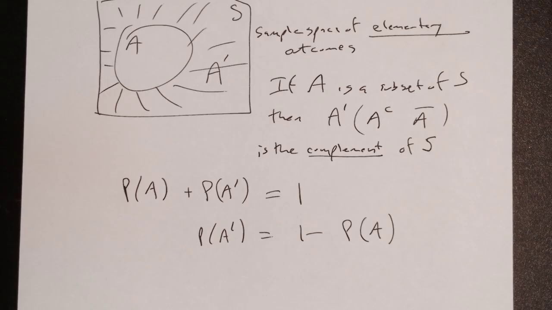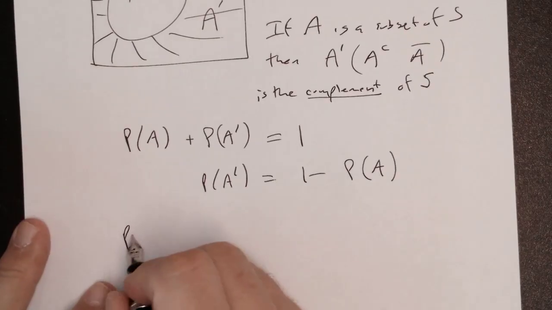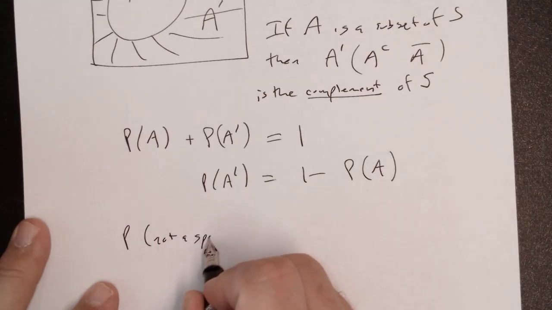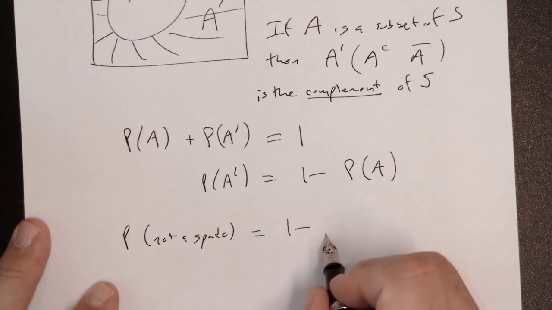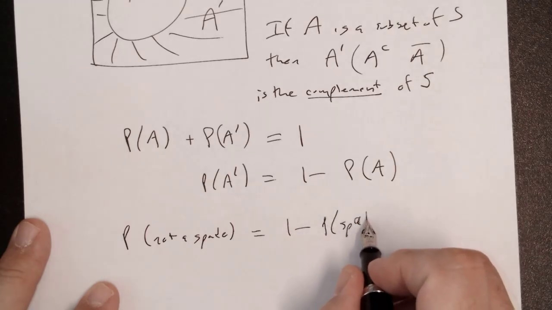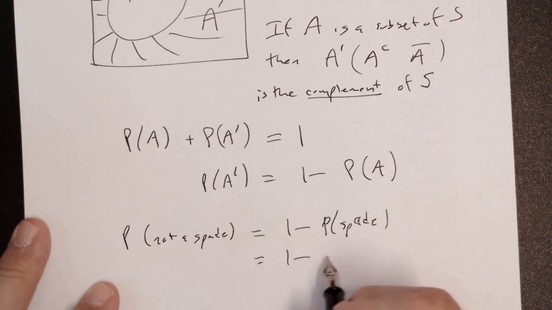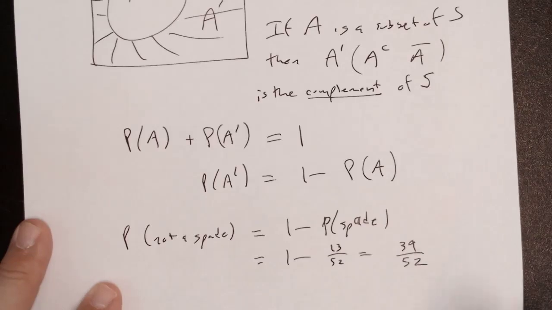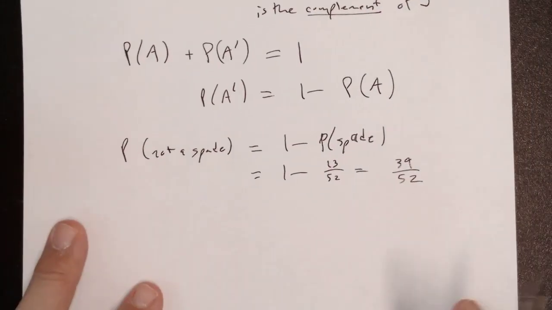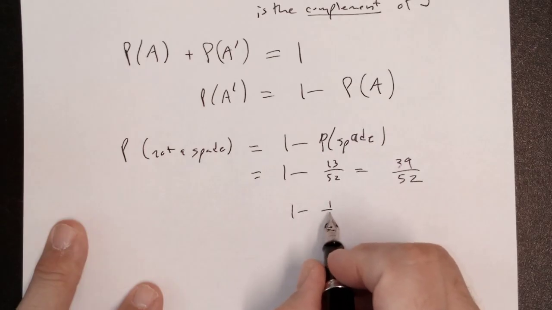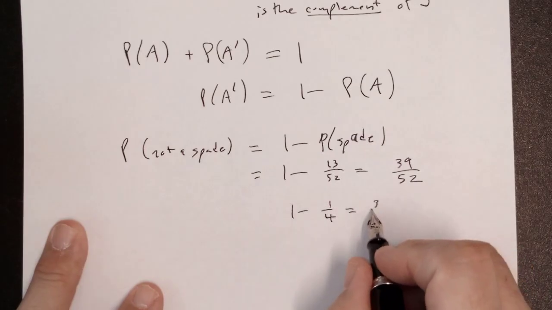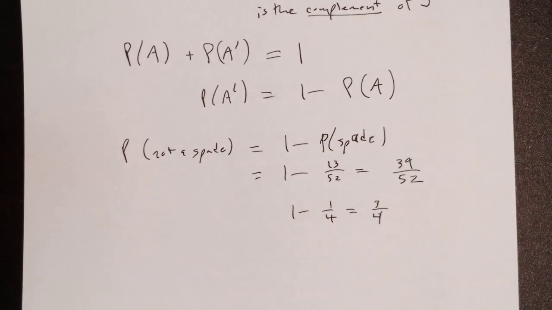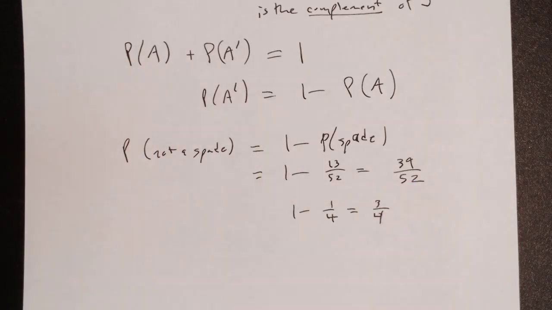Subtract from 1. By the way, you are more than welcome to simplify these. 13 out of 52 is 1/4. So this becomes 3/4. I'm going to surprise no one. This is called the rule of complements.